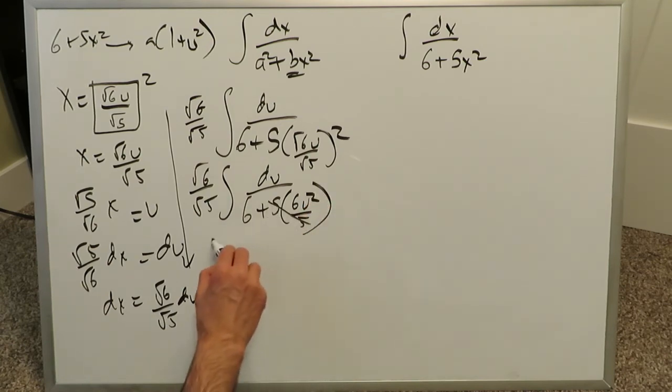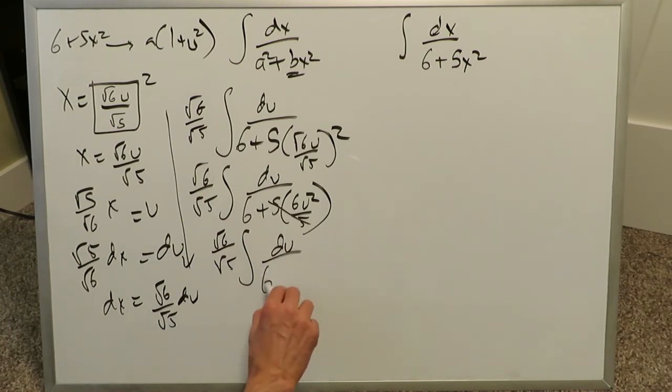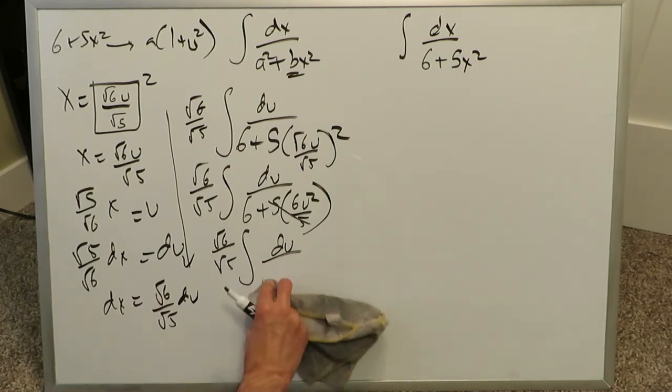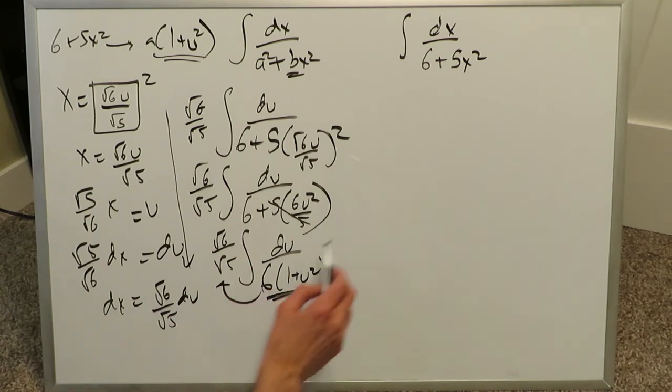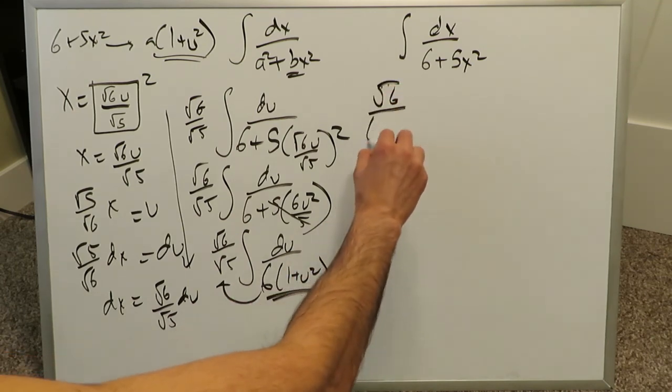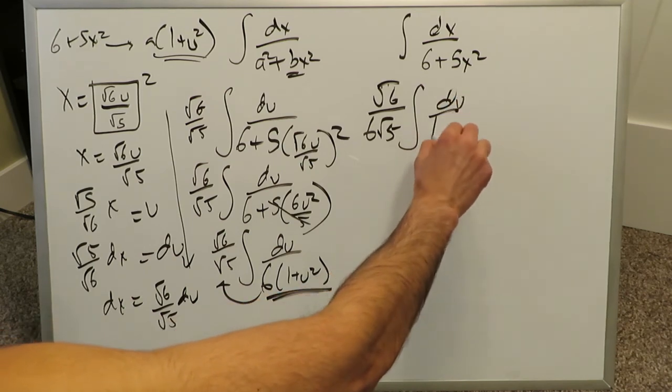These 5's will cancel out. You'll have root 6 over here, root 5, and then du divided by 6 plus 6u squared. You can isolate 6 and make this into 6 parentheses 1 plus u squared, and we see what we want. You can bring the 6 right out over here. You'll have root 6 divided by 6 root 5. You'll have integral du over 1 plus u squared.